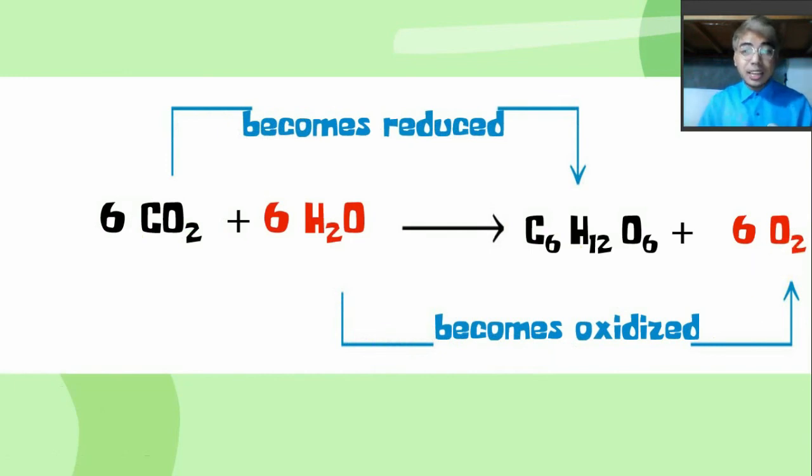Remember, reduction is the addition of electrons, while oxidation is the removal of electrons, mostly of hydrogen ions. That is why carbon dioxide, when reduced, creates glucose, and water, when oxidized, releases oxygen.